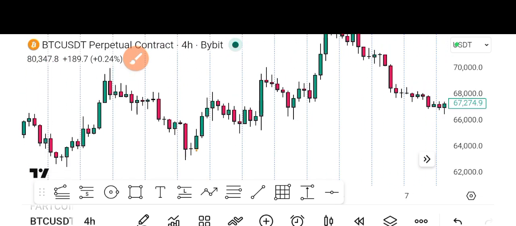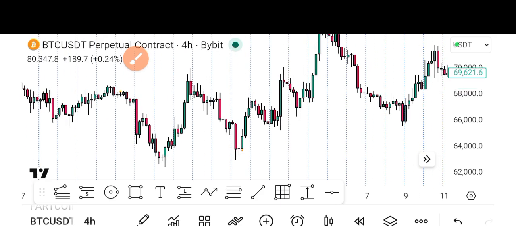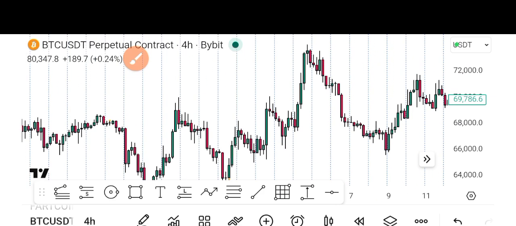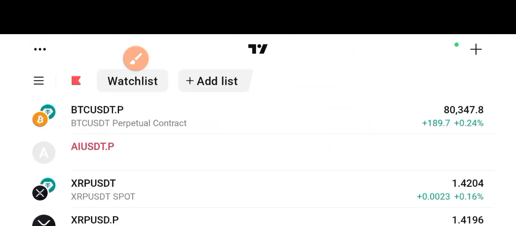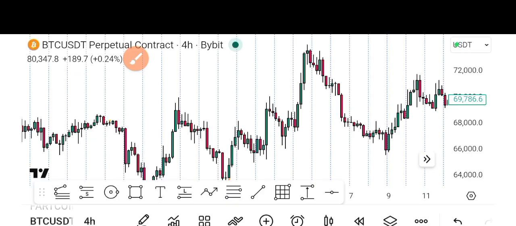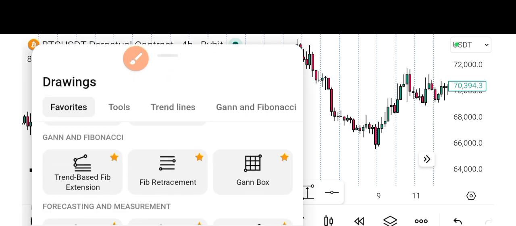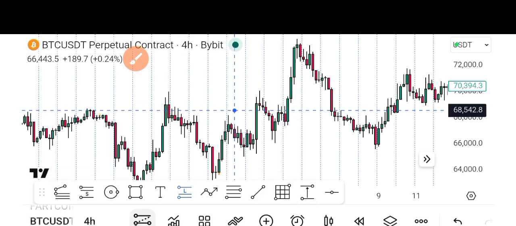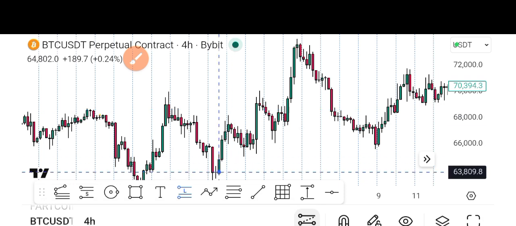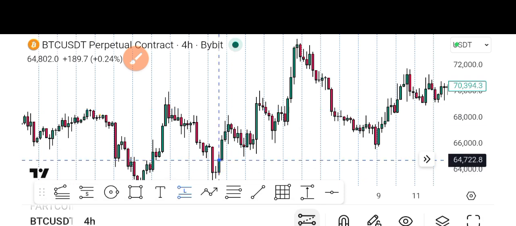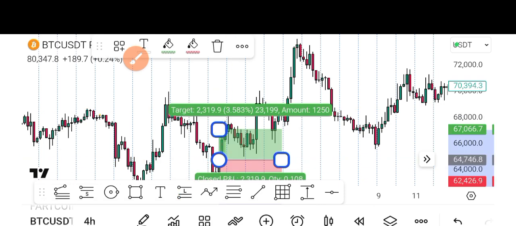So what do you do once you spot something like this? You can easily get 1:5 with this doji. Let me get my long tool and place it.